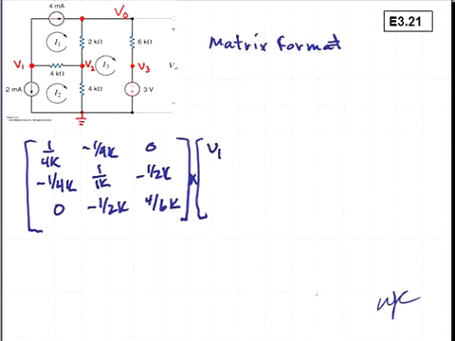And then we have the voltage V1, V2, and VO matrix, and that's equal to the currents minus 6 milliamps, 0, 3.5 milliamps.